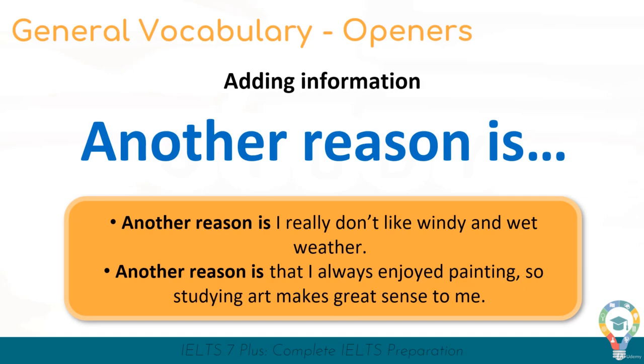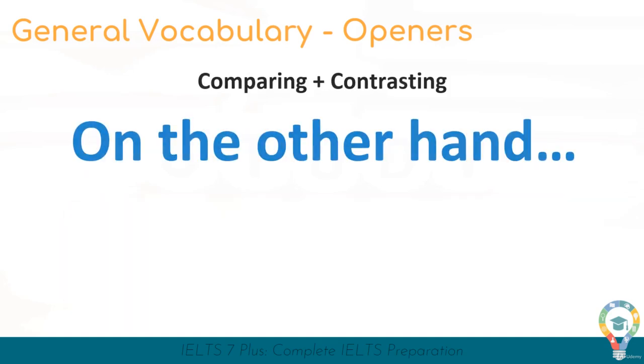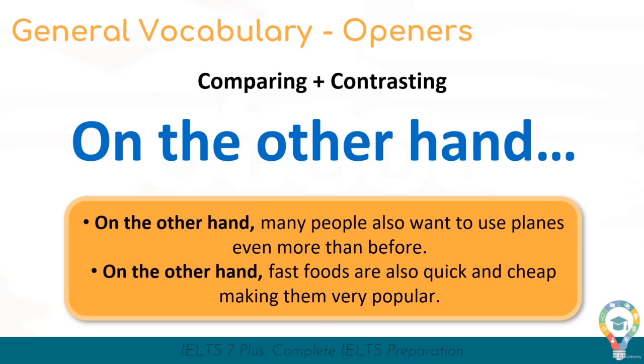Let's move on to the next set of openers, which is for comparing and contrasting and showing a difference in thinking. On the other hand. On the other hand, many people also want to use planes even more than before.